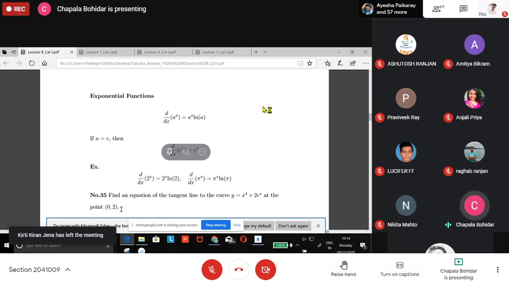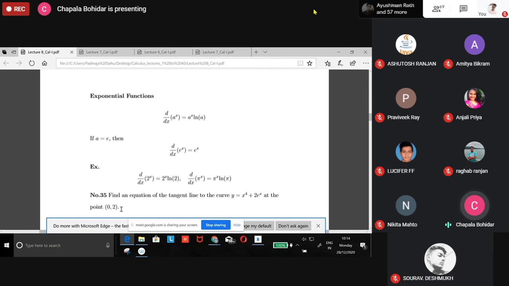y is equal to x to the power 4 plus 2e to the power x at the point (0, 2). Clear? At the point (0, 2). So I'm going to discuss that.